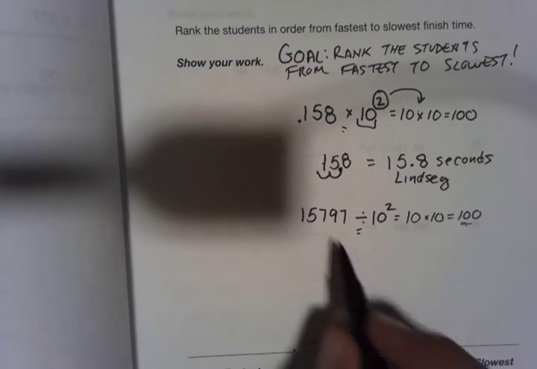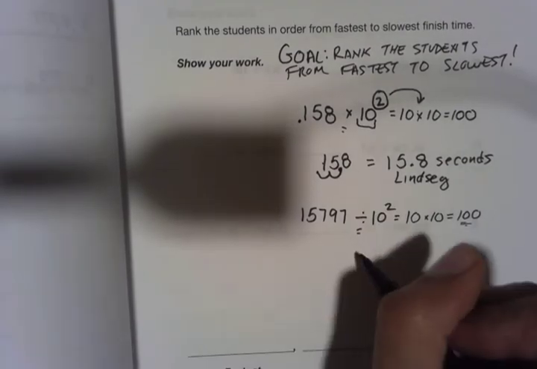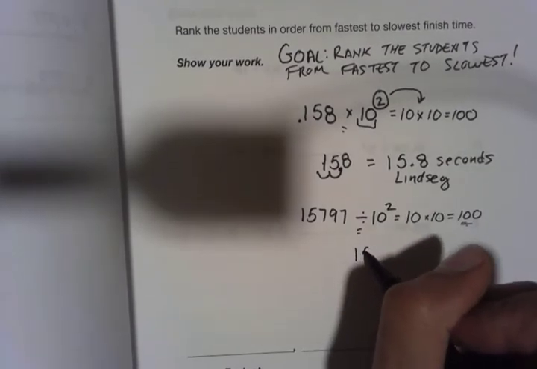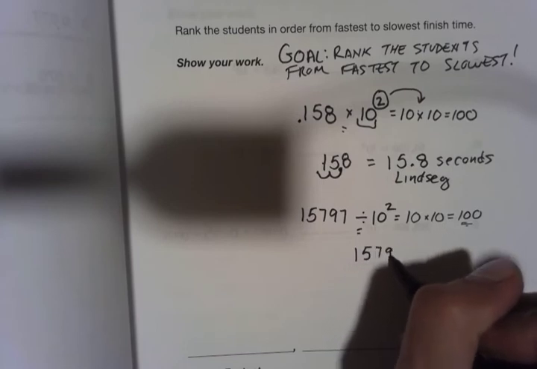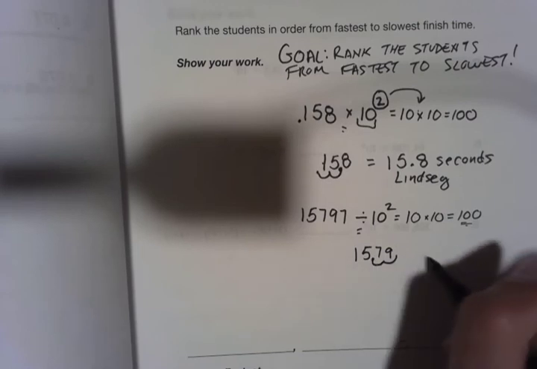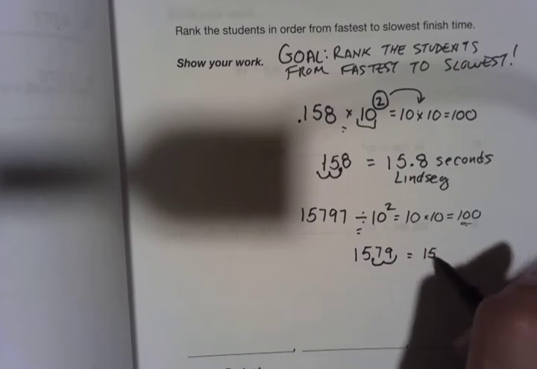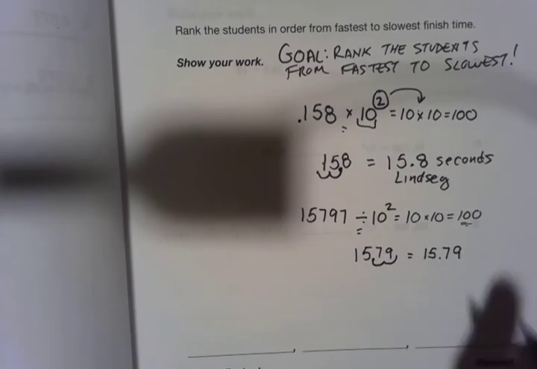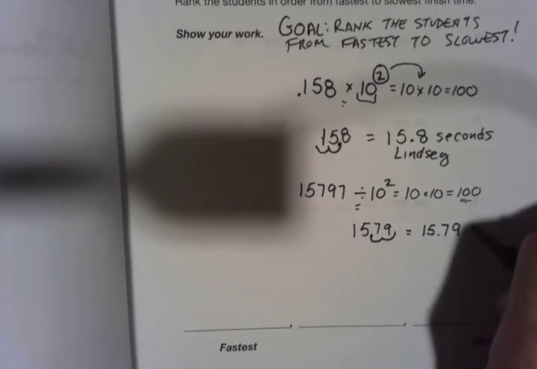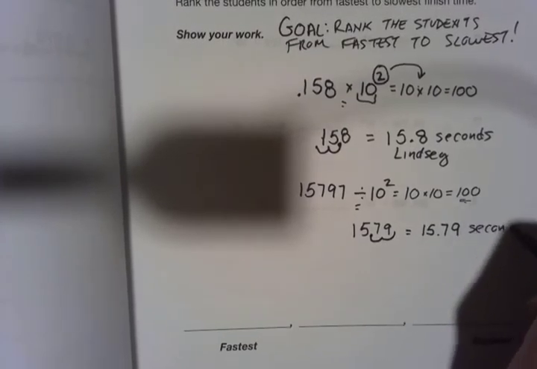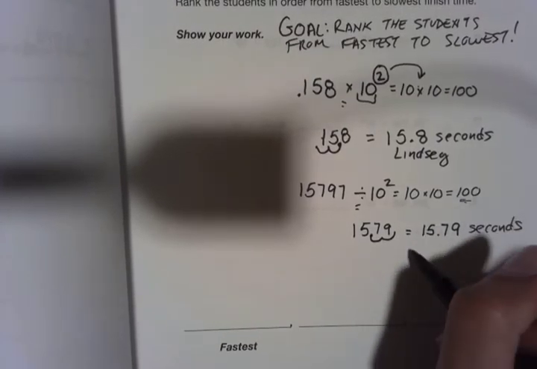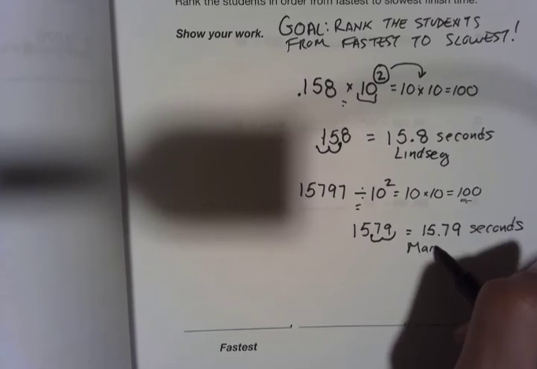But because we're dividing, not multiplying, our decimal point is going to move 2 times to the left this time. 1, 2 will be the same as 15.79 seconds. Remember, units are always important, which is Marion.